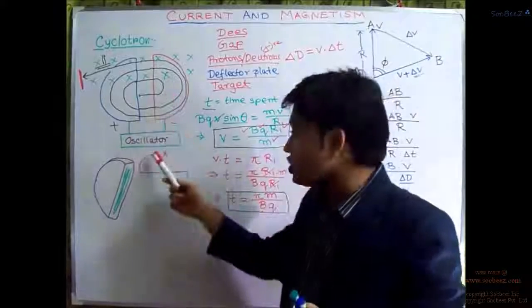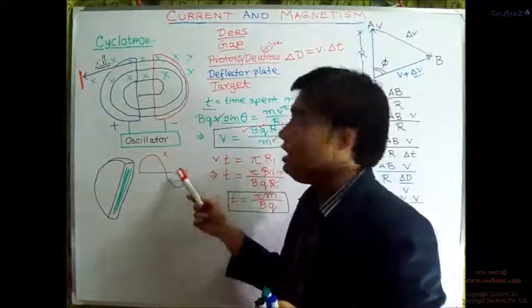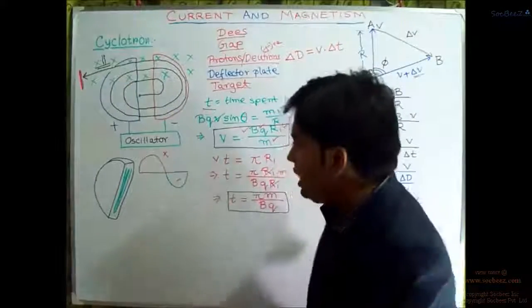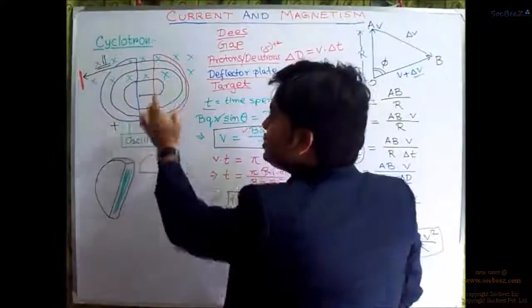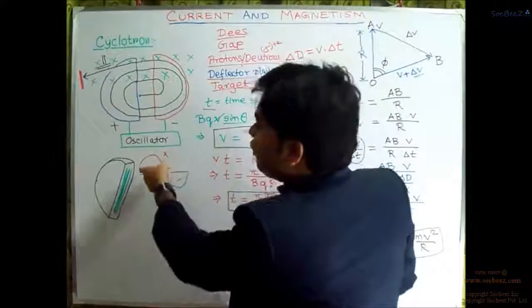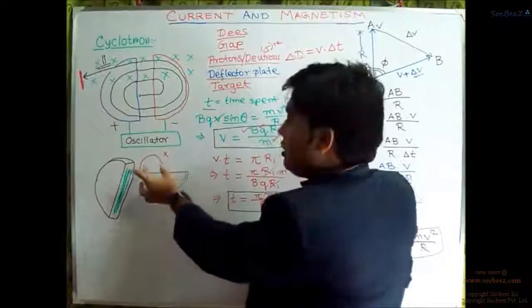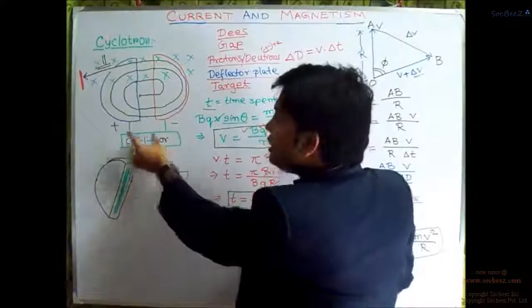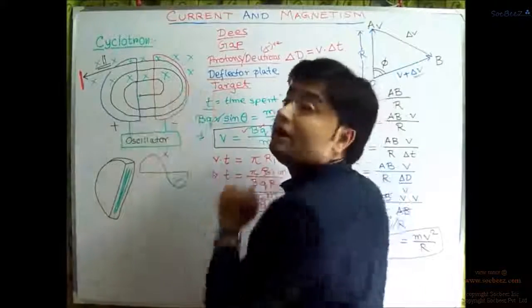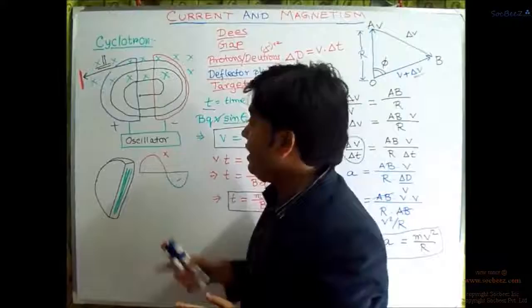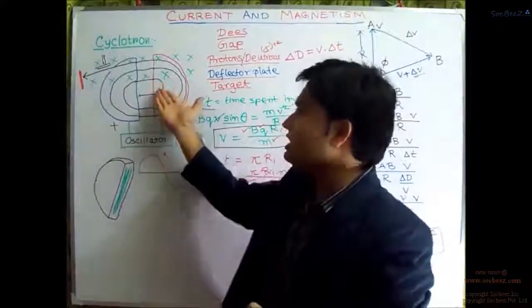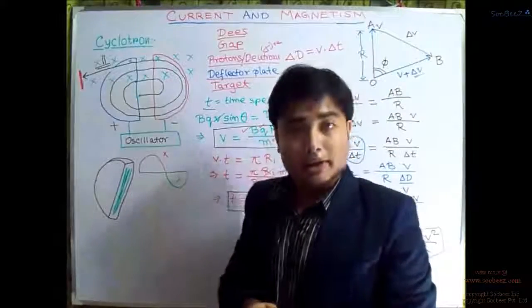But as soon as the oscillator enters over here, this D will become negative and this will be positive. So for this part of the oscillator, this will remain positive, and for this part, this D will remain negative. And likewise, as the oscillator is connected with both the D's, the opposite shall happen on the other D, right?